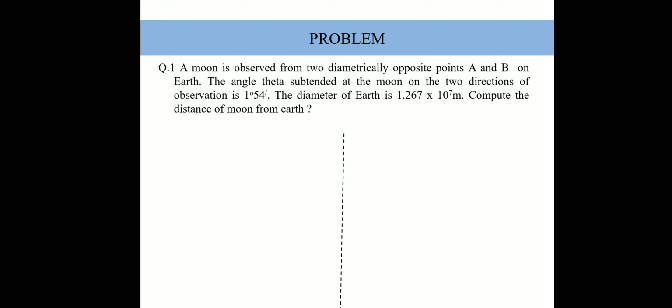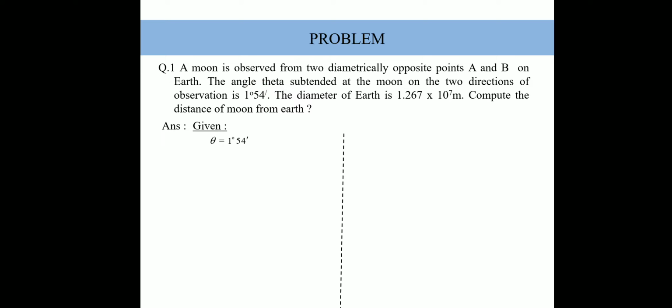We know there are always steps to follow. The first step is what is given. It is given that the parallactic angle between the two observation lines is 1 degree 54 minutes. First we have to convert everything to radians.